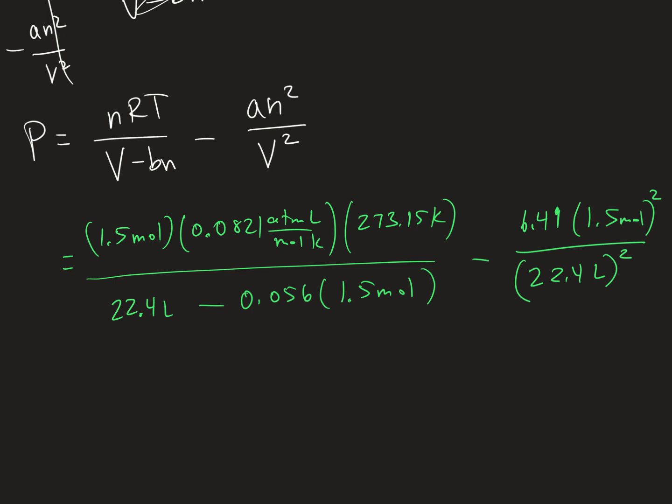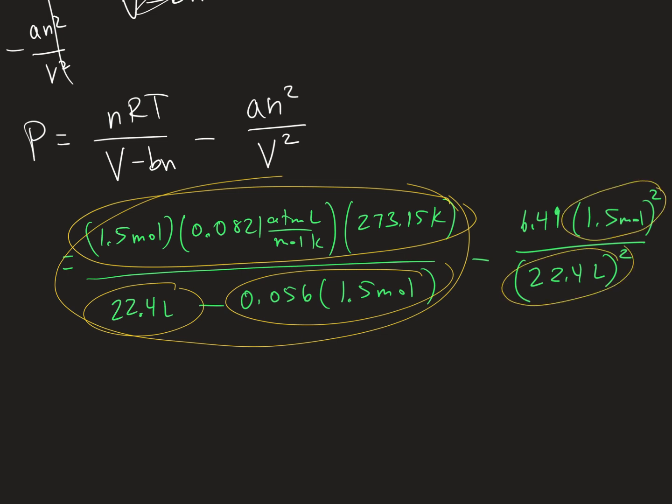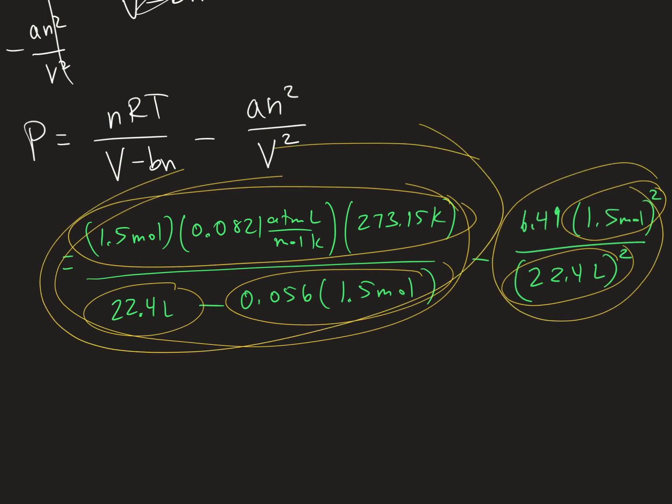Follow order of operations. So maybe you can do one step at a time. You multiply those, you simplify. Multiply those, subtract it from this, then divide this, and you get an answer, right? Square this, square that, multiply and divide, and then subtract this value from this value. We all good with order of operations?